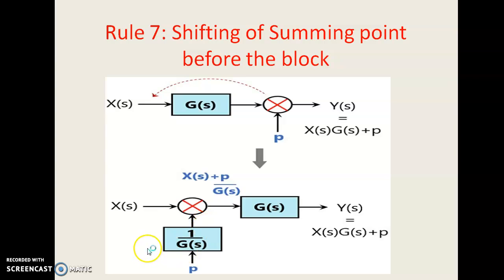So you have to remember: shifting of takeoff point ahead of the block, reciprocal of gain in that path. Shifting of summing point before the block, reciprocal of gain in that path.